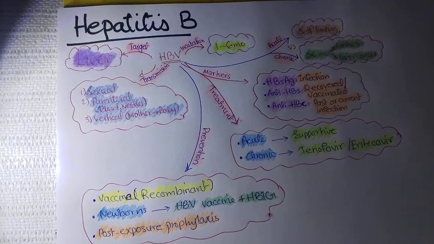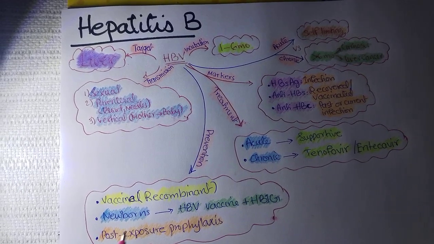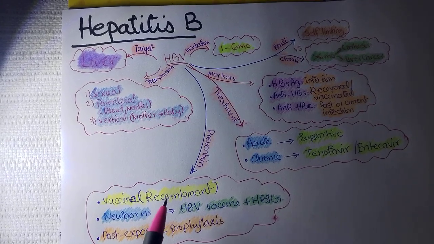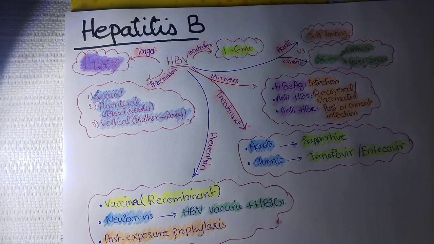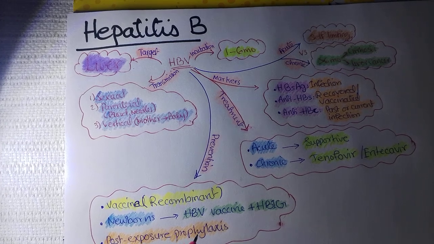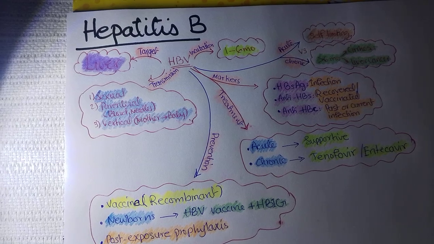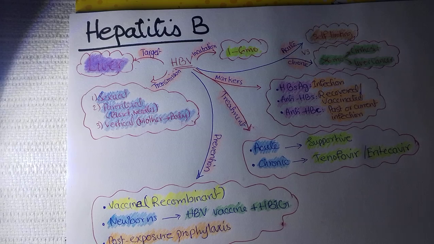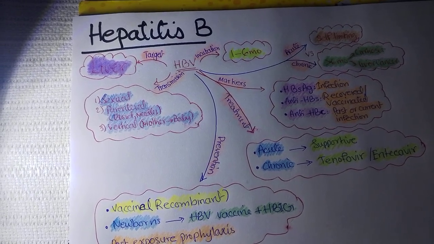So let's move to prevention. For all age groups, we use the recombinant hepatitis B vaccine. Newborns of HBs antigen positive mothers should receive this vaccine plus HBV immunoglobulin within 12 hours of birth.